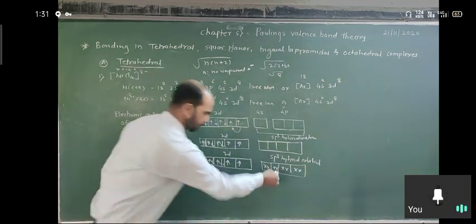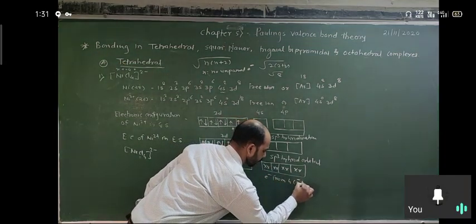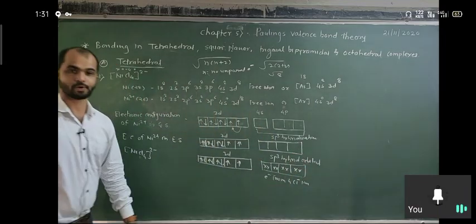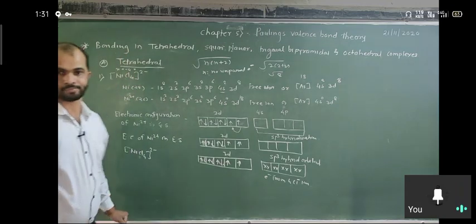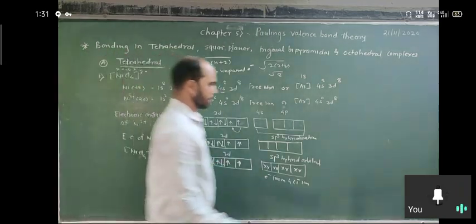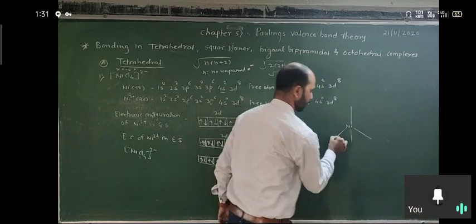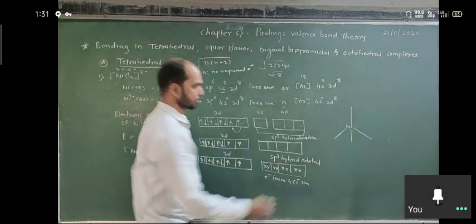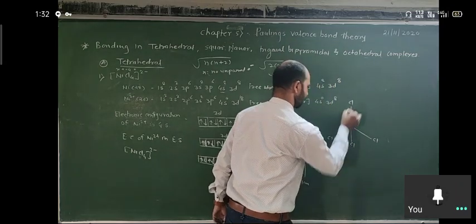So here you mention electrons from 4 Cl ions. So hybridization is sp3. Okay, so you can draw the structure. If you know the hybridization, you can draw the structure. So here Ni with Cl, Cl, Cl, Cl.